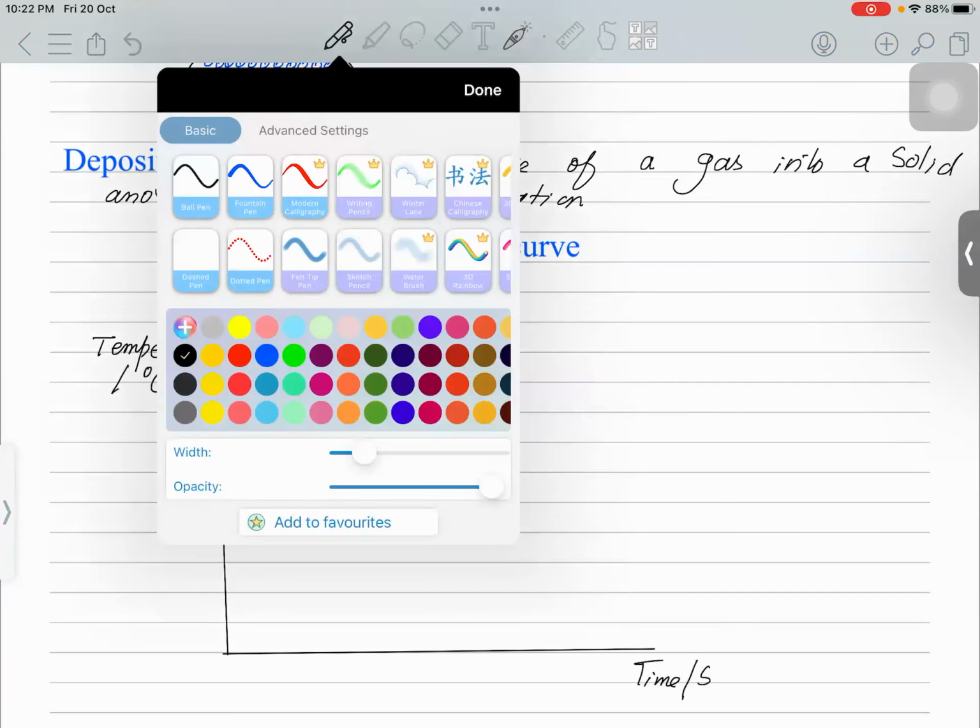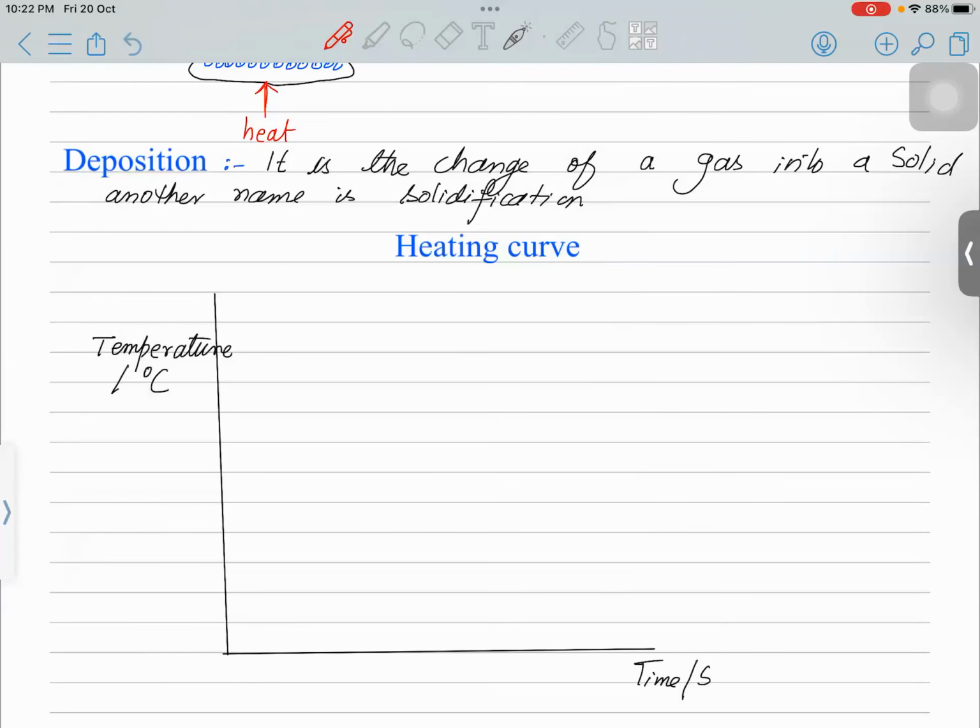Initially we have solid, then temperature constant, this is melting, then again it rises up, again constant, then again rises up.